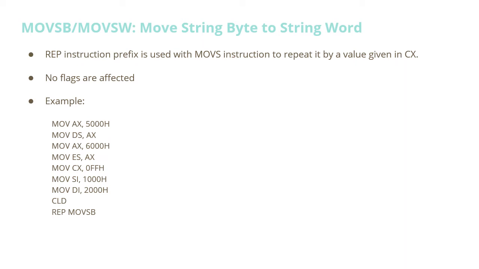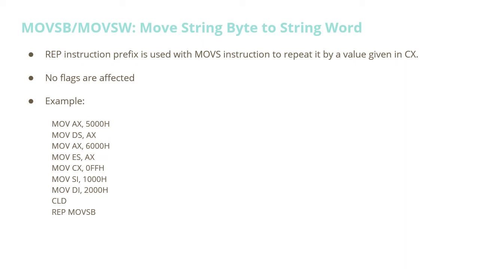Next is MOV AX, 6000H, which is the segment address of the destination. That is first moved to AX, and in the next instruction MOV ES, AX, it is moved to the ES register. Next we have MOV CX, 0FFH, which is the counter value, or the length of the string, moved to the CX register.